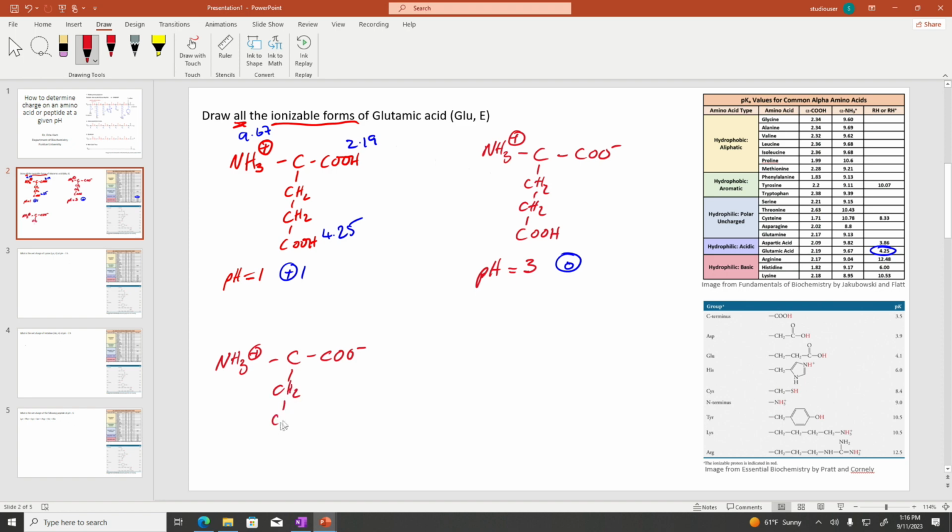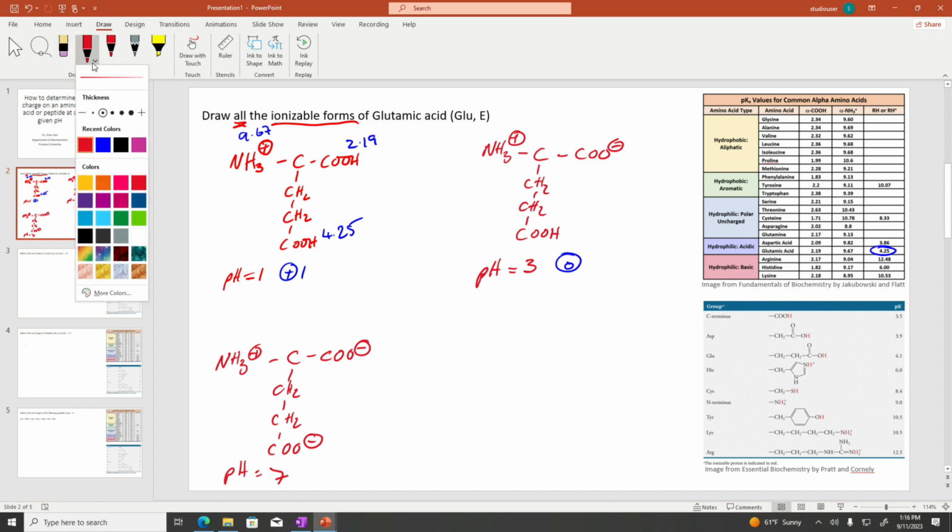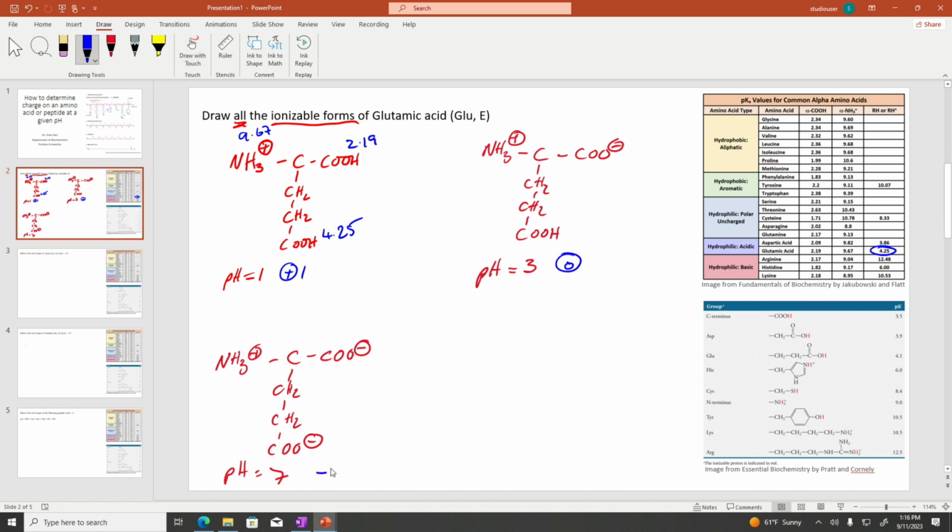My handwriting is deteriorating, apologies. COO minus. So now we have 2 negative charges, okay? And so we said this was pH equal to around about 7. And so what we can see here is that we now have 2 negative charges and a positive charge. So overall, our charge at pH of 7 is going to be -1, okay?